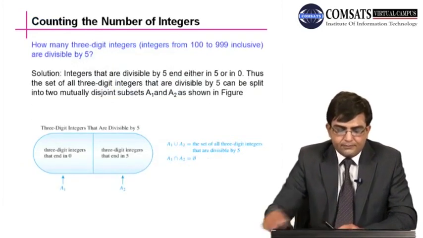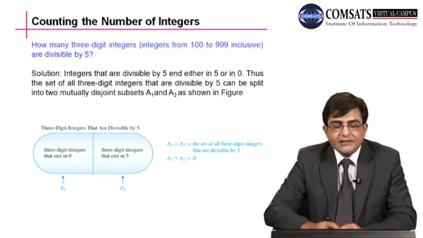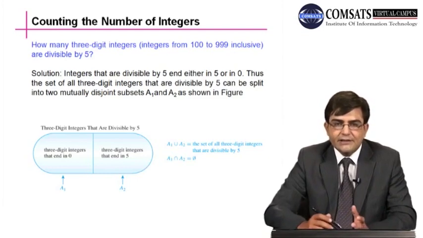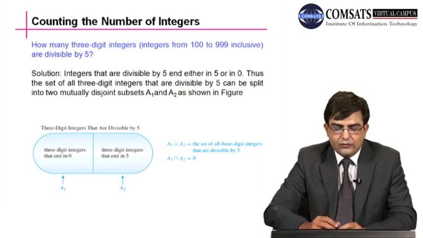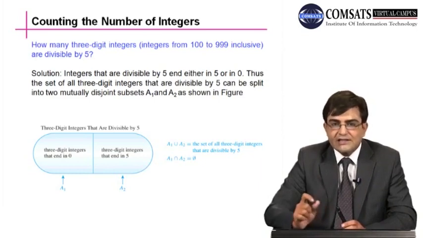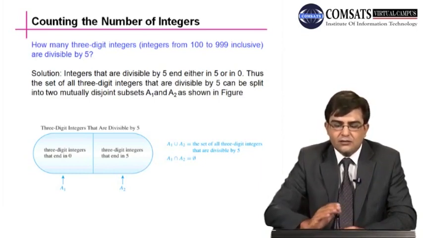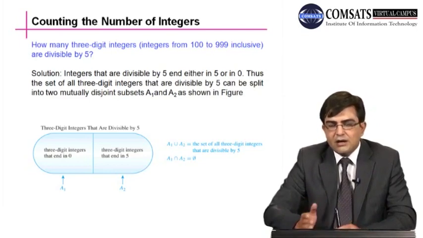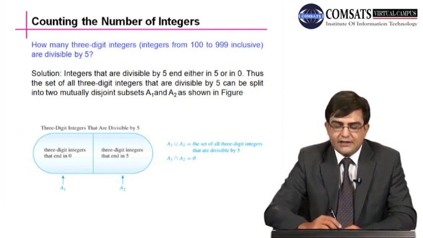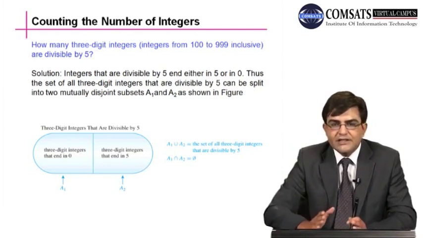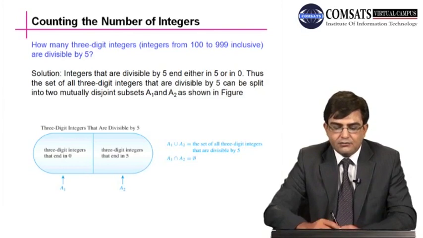Now here, how many 3-digit integers from 100 to 999? Basically 3-digit integers are those integers which we can write using 3 digits, and these are from 100 up to 999 inclusive. Inclusive means both these integers are included in that set.